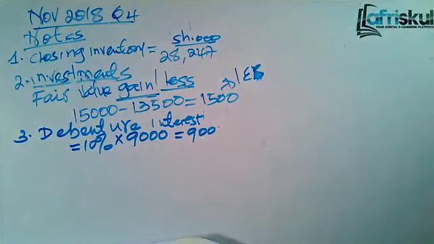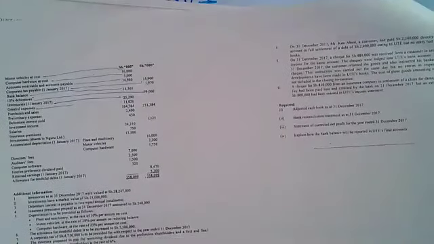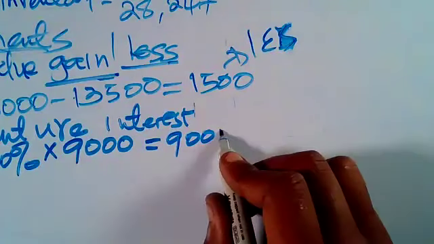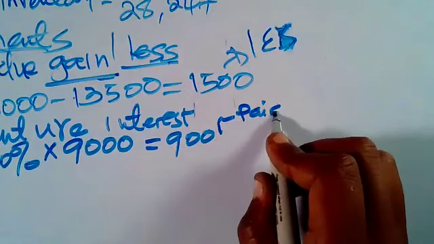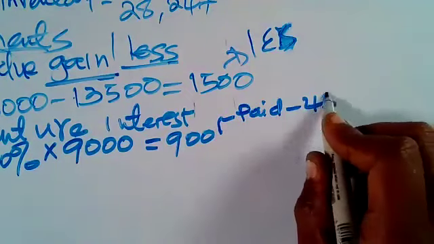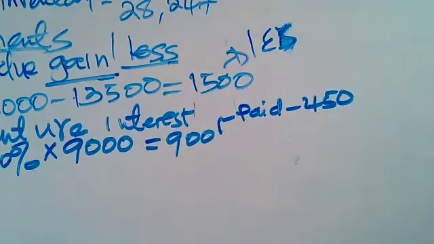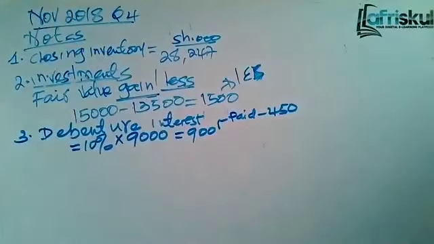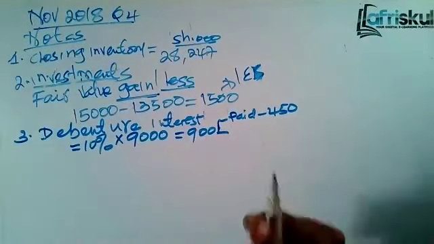After you've done that, when you check again on the trial balance, we have been given the debenture interest paid, which is 450. Are we together? Now in this case, it takes us back to the accrual concept.